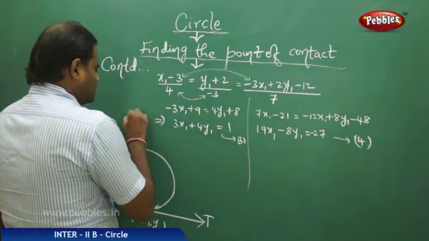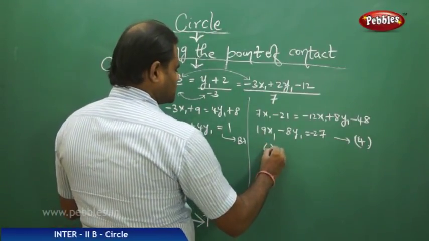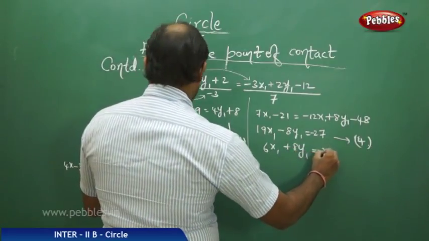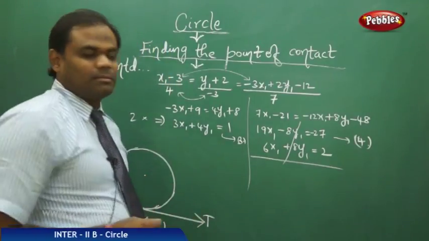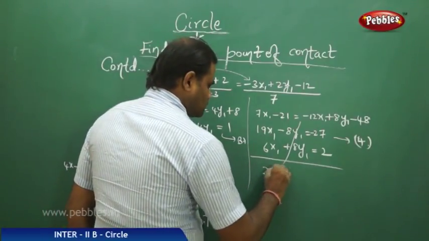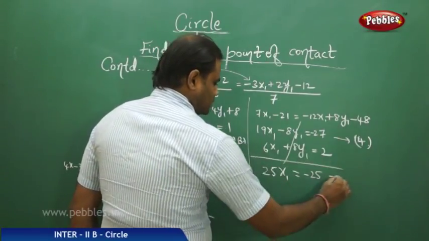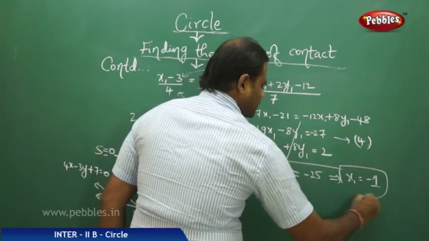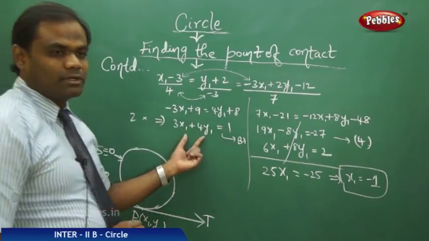So I multiply this equation with 2, and then I get 2 times equation 3, which is 6x1 + 8y1 = 2. This on adding gives me 19 + 6, which is 25x1 = -25. That implies x1 is equal to -1. So I get the value of x1 is -1, which I substitute here.